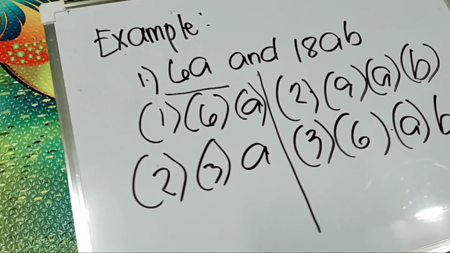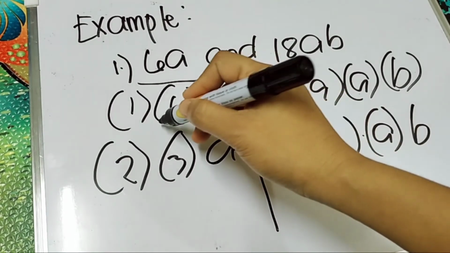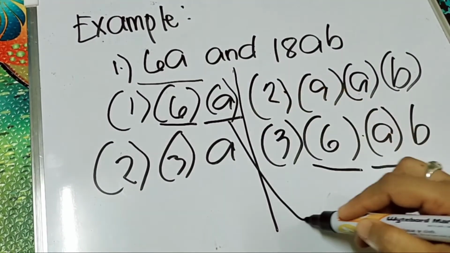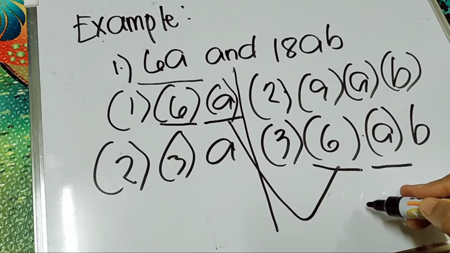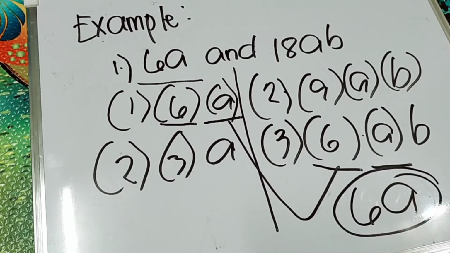Now observe what factors 6a and 18ab have in common. Yes, we have 6 and a. Therefore, the GCF of 6a and 18ab is 6a. So this is the greatest common factor of the pair of monomials 6a and 18ab.